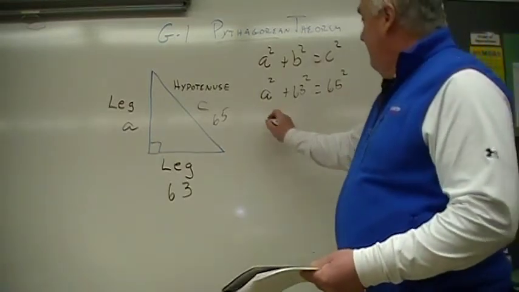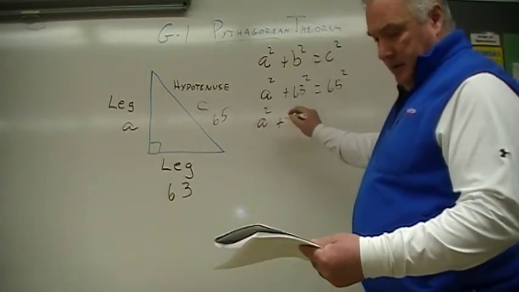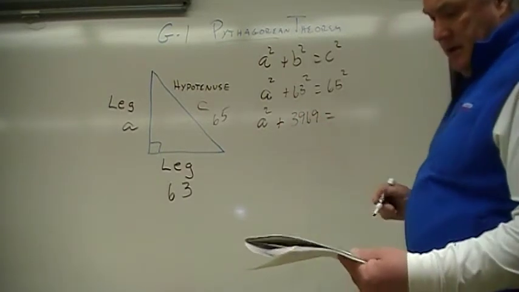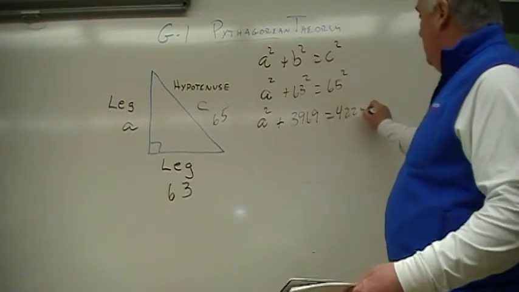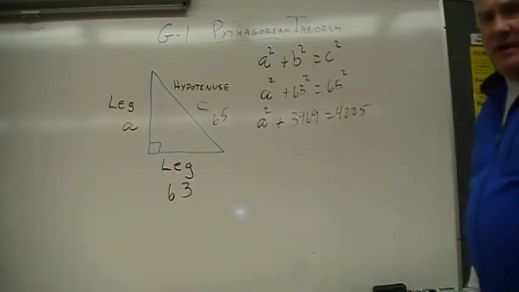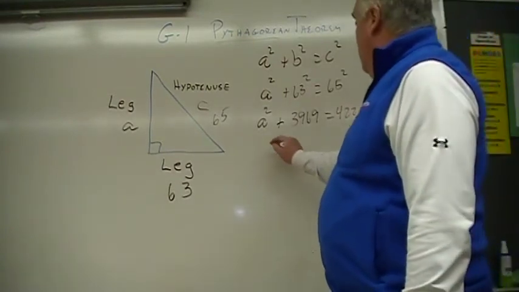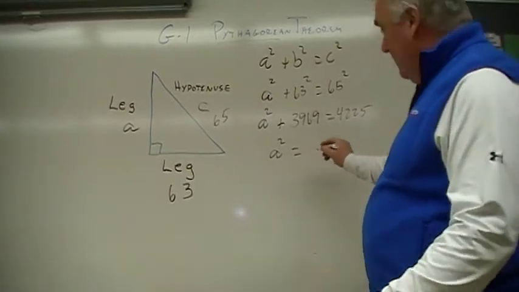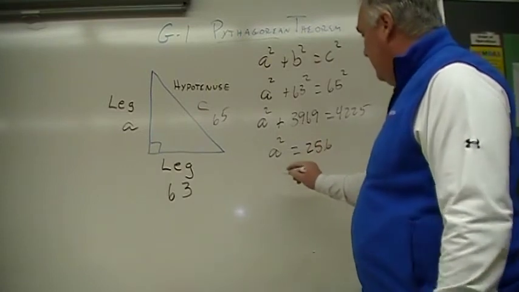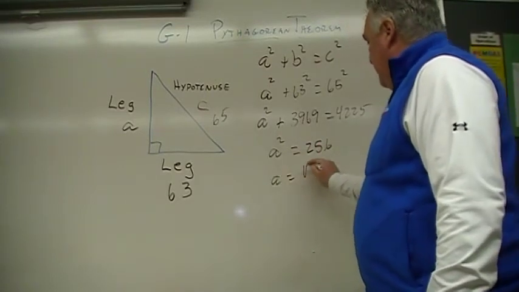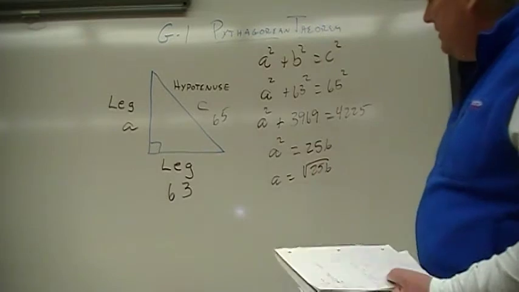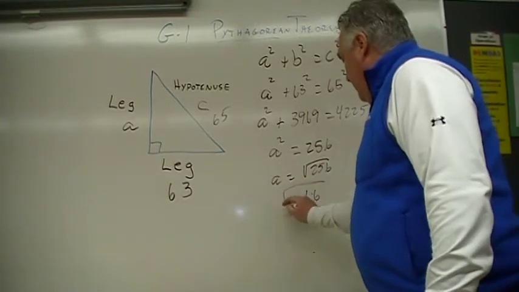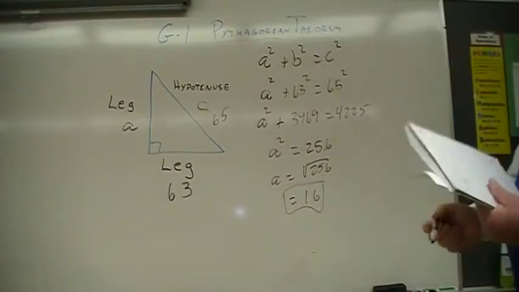So, A squared plus 3,969 equals 4,225. Take away that, A squared equals 256. A equals the square root of 256. There's our radical form. And when we do the square root, we get 16. Okay?